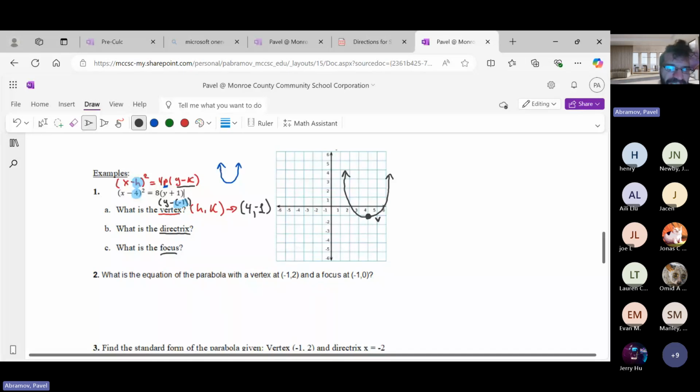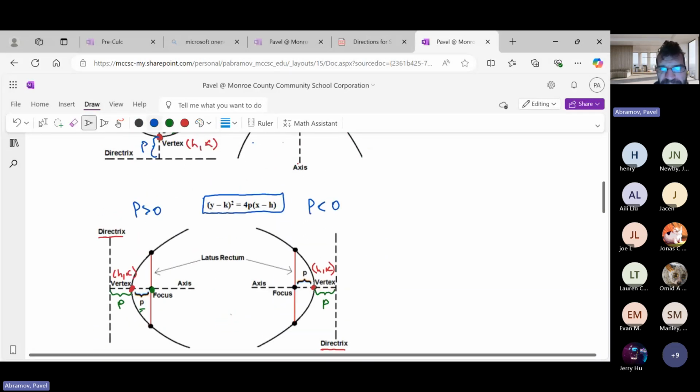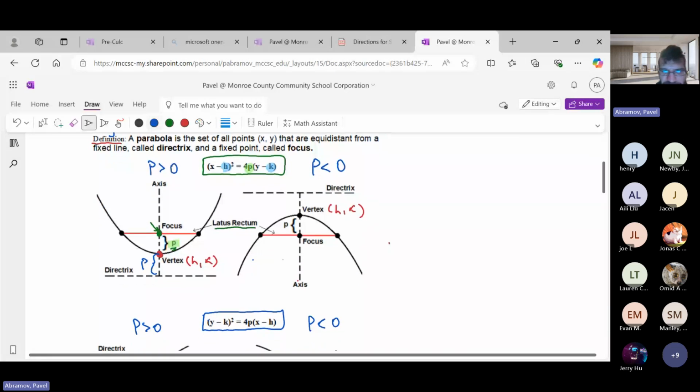Remember, the directrix is a line, and think of the parabola as kind of like a Pac-Man. So if we look at our pictures, we can see the parabola that opens vertically. If the parabola opens vertically upwards, then the directrix is on the opposite side of the parabola.